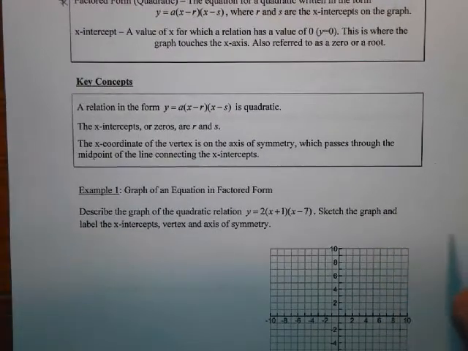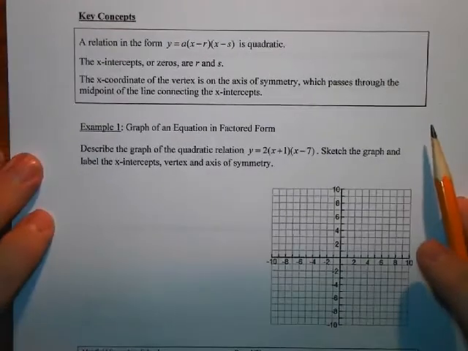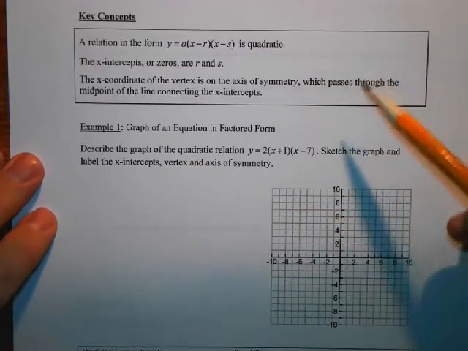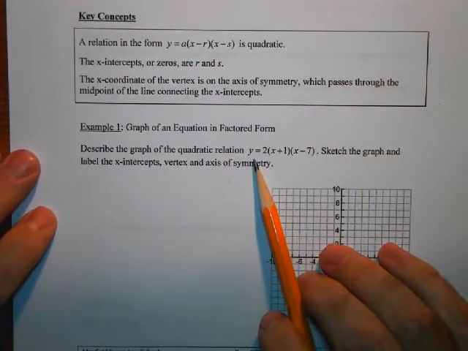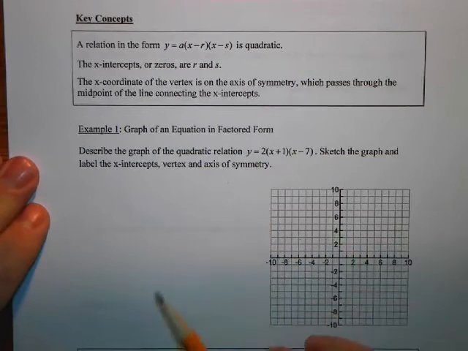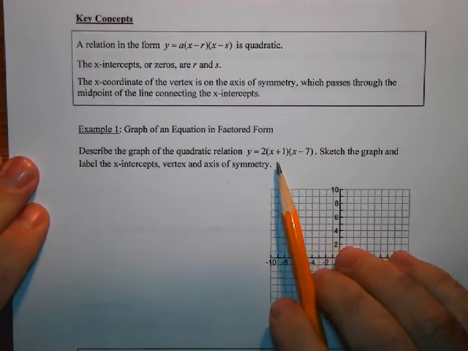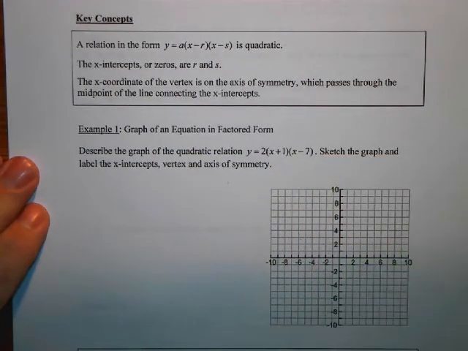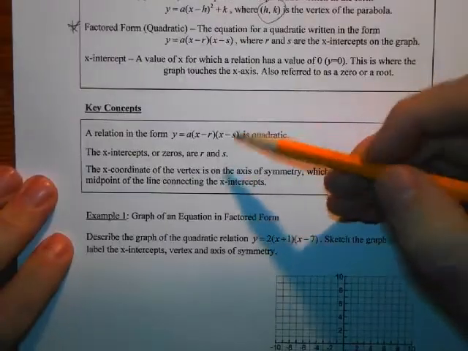Okay, now let's start off with an example. So here's our equation of a quadratic relation. We've got y equals 2 bracket x plus 1 bracket x minus 7. And remember, we're trying to make it look like this.